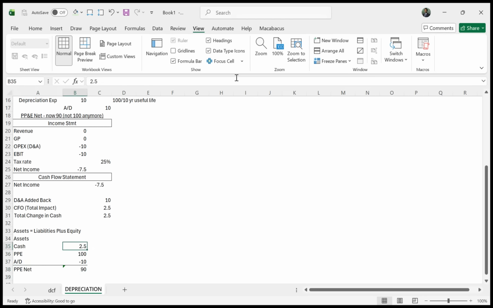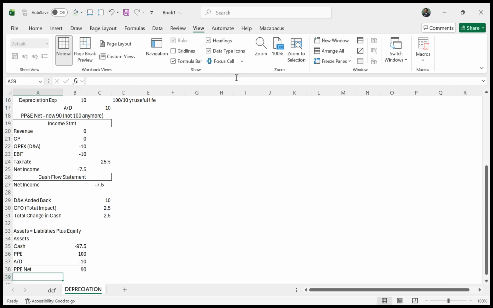But remember, your cash was down by 100 when you bought it. So equals negative 100 plus 2.5, which gives you 97.5.